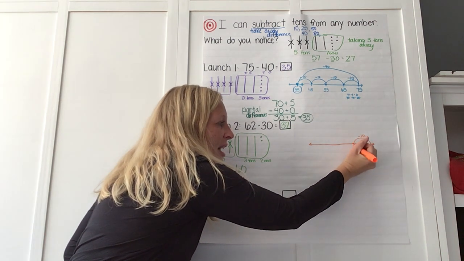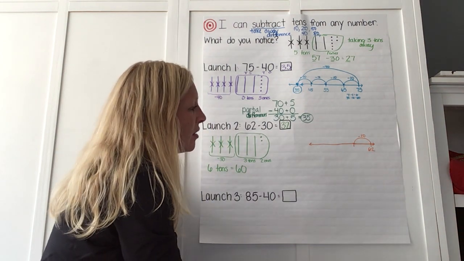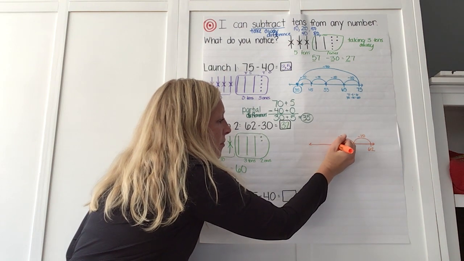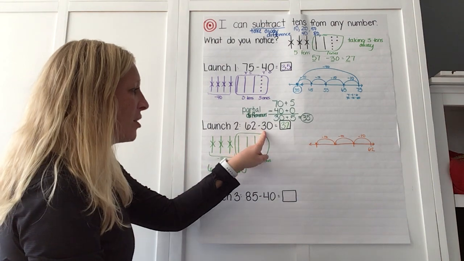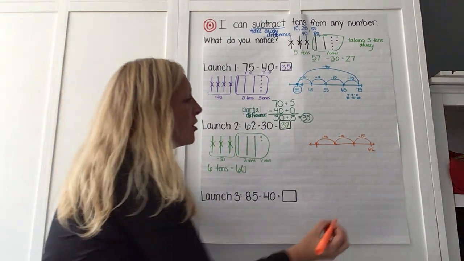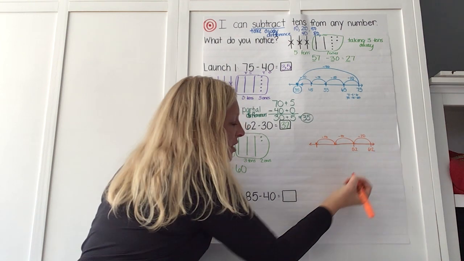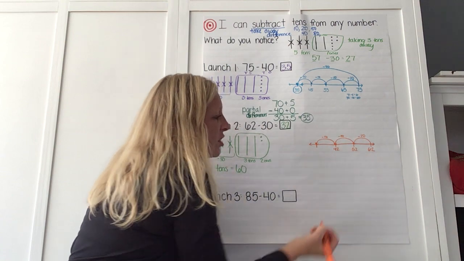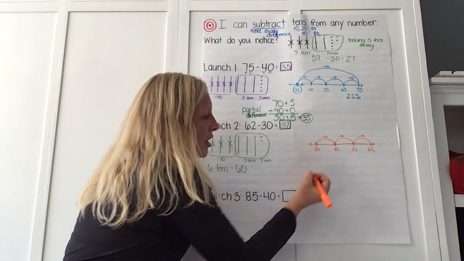Made a jump of 10. Did you make just one jump of 10, or how many jumps of 10 did you make? Why 3 jumps of 10? Because there's 3 10s in 30. So when you made your first jump, where did you land? 52, and your next one? 42, and your next one? 32.